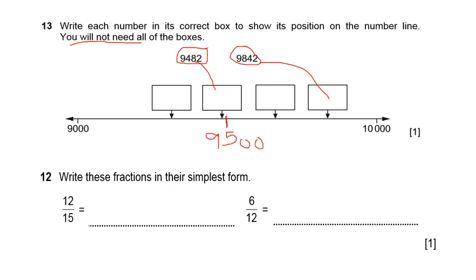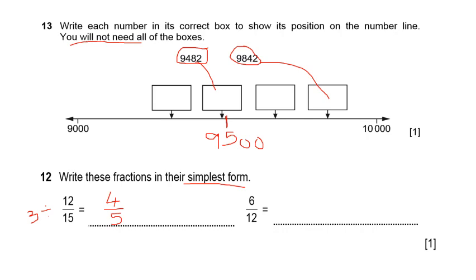Next one, 12. Write these fractions in their simplest form. Remember, simplest form means that we cannot divide it anymore. So if we divide this by 3, 12 divided by 3 gives us 4. 15 divided by 3 gives us 5. 4/5 is the simplest form.